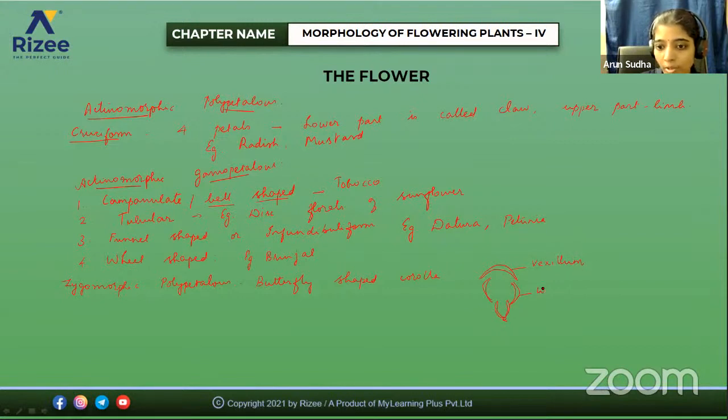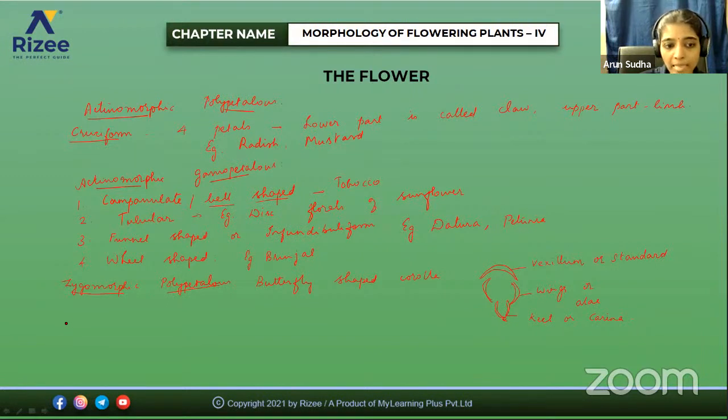And here this is called the wings or alae. Here vexillum or standard. And here it is called the keel. That is, these are united petals. Keel or carina. So this is an example for a zygomorphic polypetalous. This is in the case of Papilionaceae family.